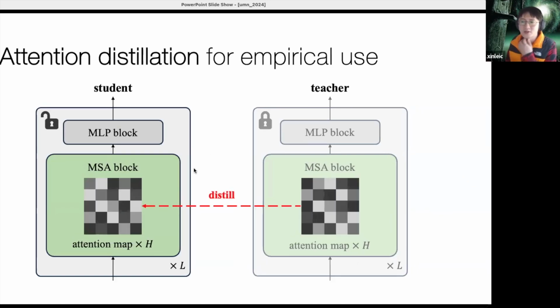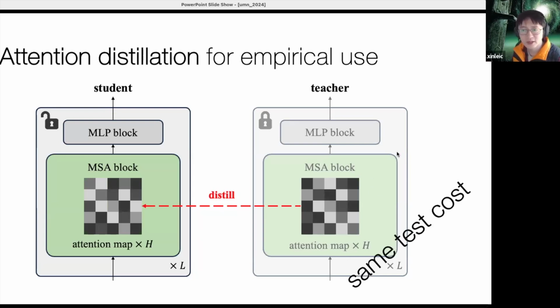The second one is attention distillation. So the teacher will still provide the attention map, but the way the student uses it is via distillation. So it's again very simple. We just apply a distillation loss, like knowledge distillation loss, treating the attention map from the teacher as a target. And the student will also learn this attention map from scratch, but it receives supervision signals from both the task and also the attention map from the teacher.